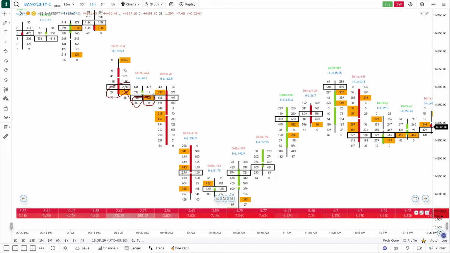So 1.5k, 428, not a good seller, and then look at this. What do you see? More aggressive sellers. On the right side there are no sellers. So we understood this is an aggressive seller and also a passive buyer.